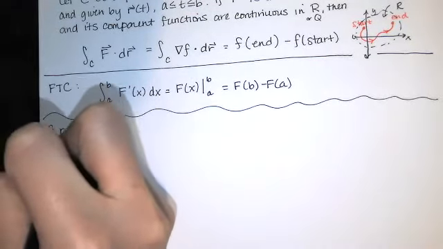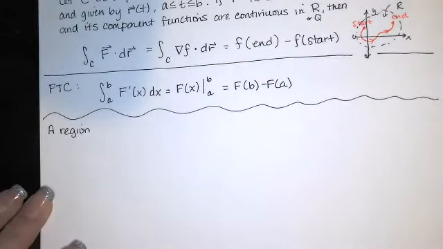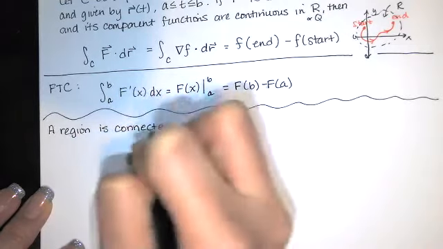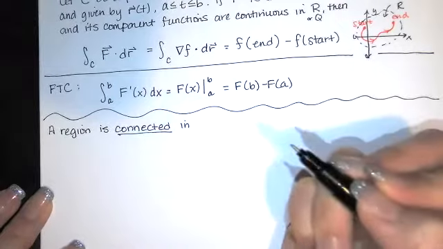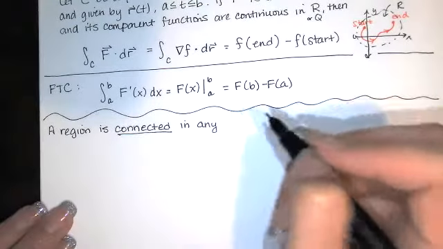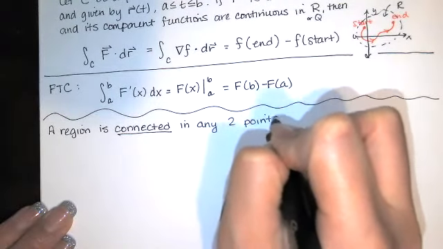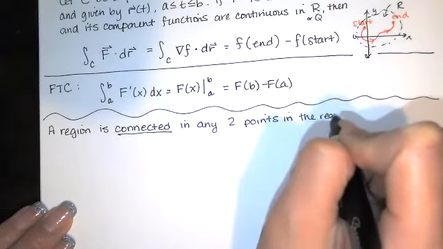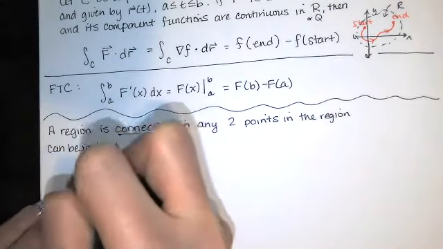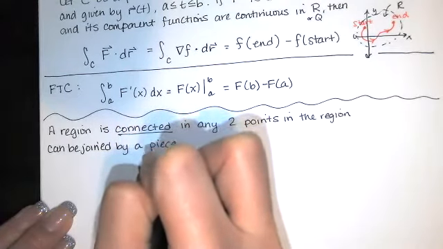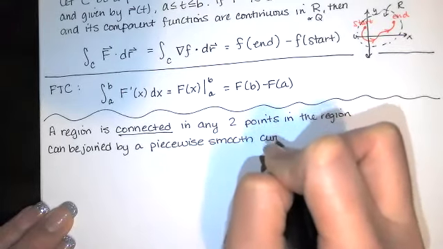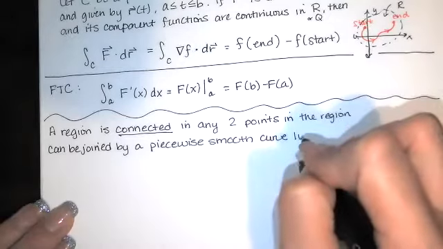We say a region is connected, and this is true in the plane or in space, and I think probably in n dimensions as well, if any two points in the region can be joined by a piecewise smooth curve lying entirely in the region.